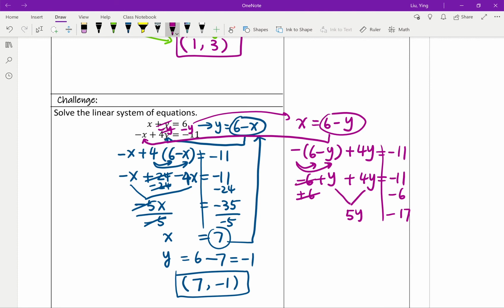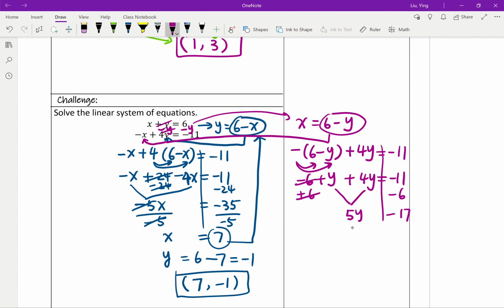So I had here, if I subtract y on both sides, x would equal 6 minus y. And then I just do negative 6 minus y, and then plus 4y equals negative 11. When I distribute, I would get negative 6 plus y plus 4y equals negative 11.